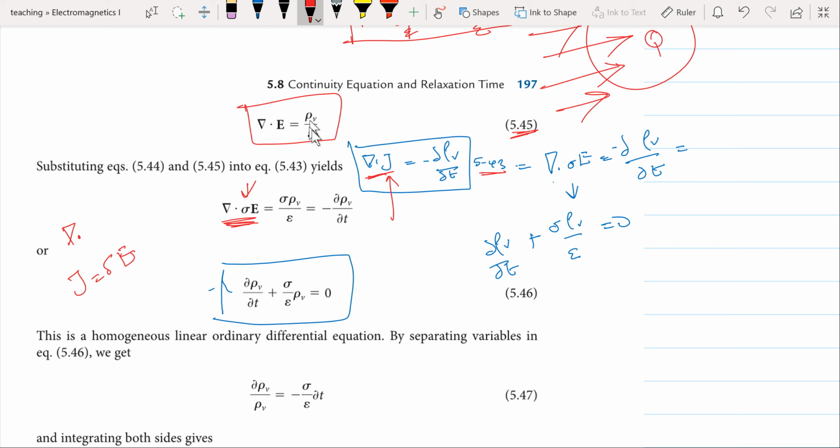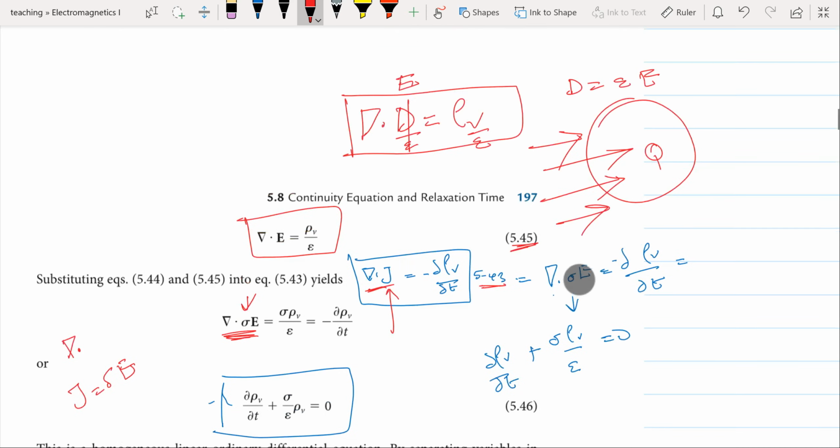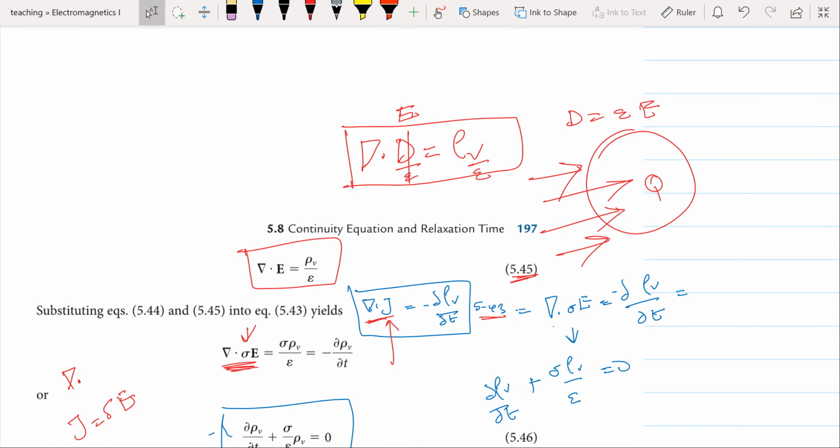And on the right, we have rho v over epsilon. This is the equation that we had. Remember our starting equation was equation 5.43.